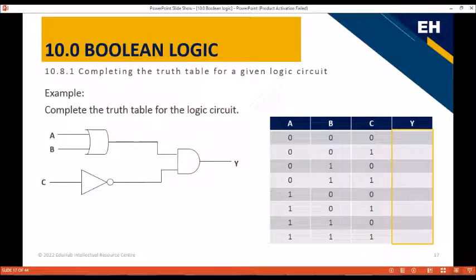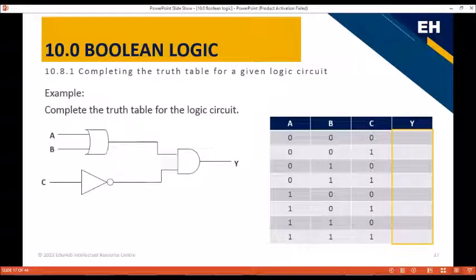Now, the first example we have is to complete the truth table for the logic circuit. The logic circuit is given on the left, while the truth table to be completed is given on the right. Altogether we have 3 inputs to work on, but of course a maximum of 2 inputs per single logic gate.